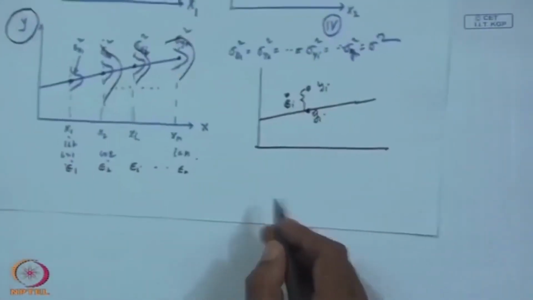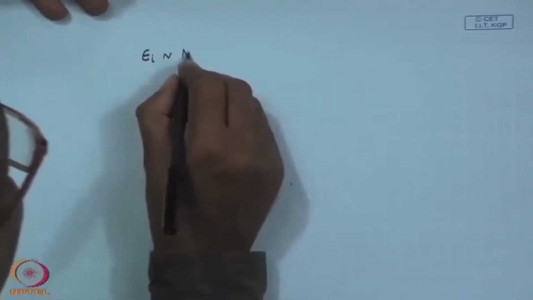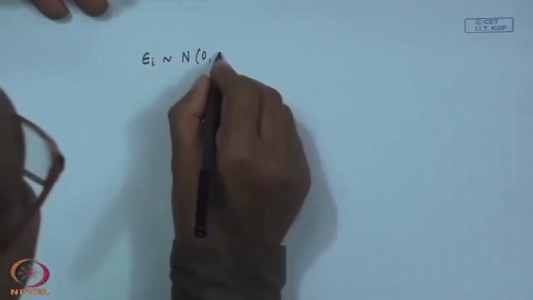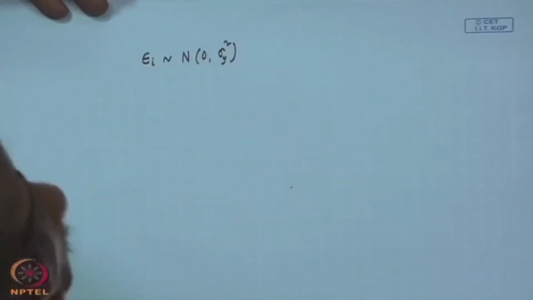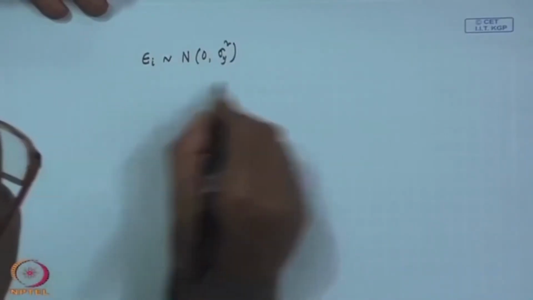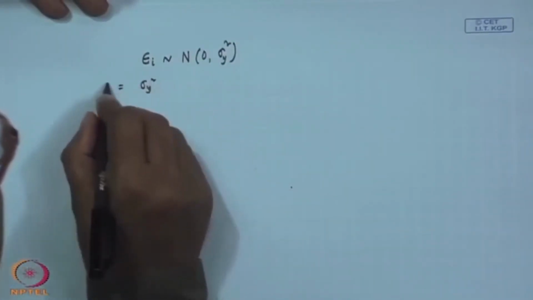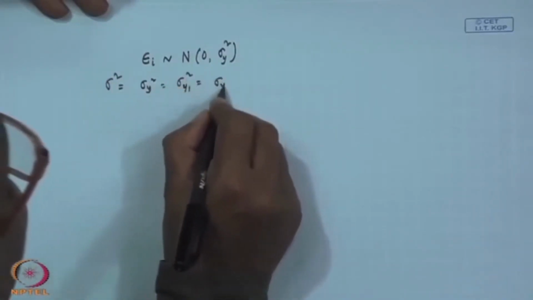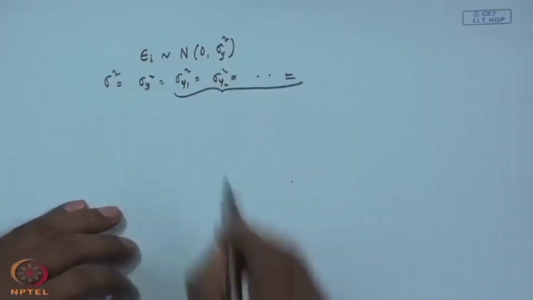So, the error will follow this type of distribution: epsilon i will follow a normal distribution with mean 0, and the variance will be sigma square, sigma y square. We are writing sigma square equal to sigma y1 square equal to sigma y2 square for all observations, for equal variance.